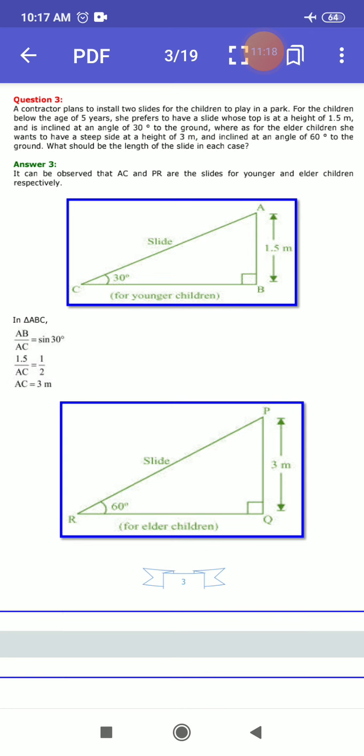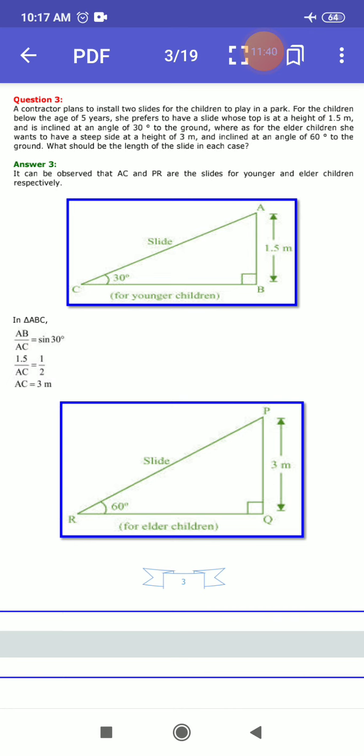Next question is quite easy, so you have to do it at home yourself, but I have to explain, so you have to see there. The question is, a contractor plans to install two slides for the children to play in the park.